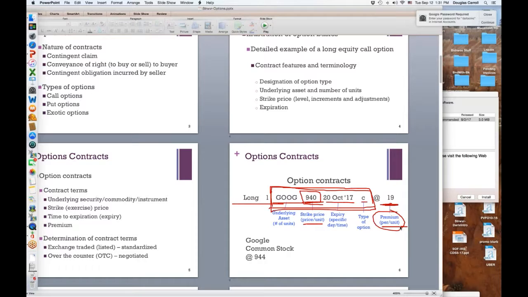So since we're assuming this is a listed equity option, which would be for 100 shares of the named stock, that $19 premium would mean $19 a share or $1,900 to buy the contract. Now, of course, once one buys the contract, their cost basis is fixed. However, the value the market places on that contract is likely to change over time. And let's get into the factors that impact the value of an option.